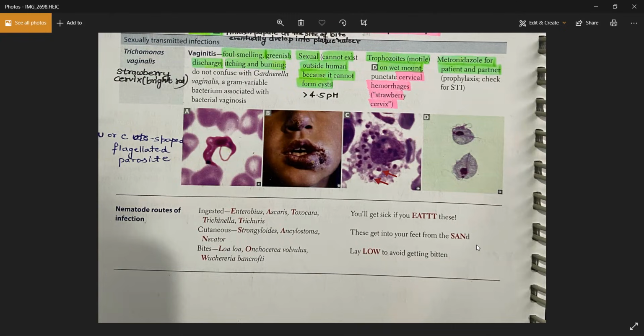These nematodes directly enter your skin by piercing the skin when walking on the sand with naked feet. Then comes the bites, for which you need to remember the mnemonic 'lay low to avoid getting bitten': Loa, Onchocerca, and Wuchereria.